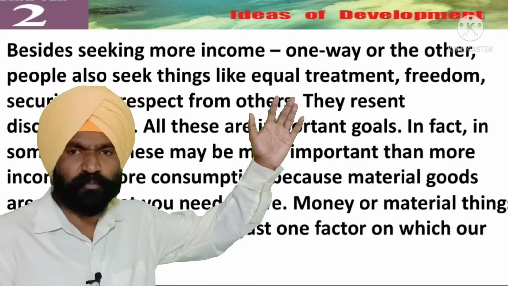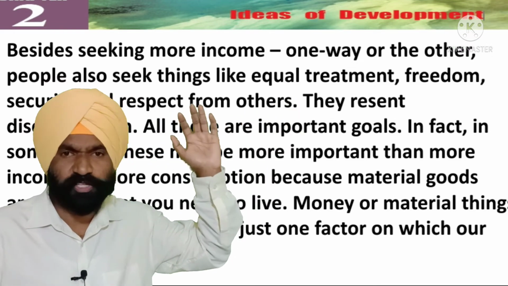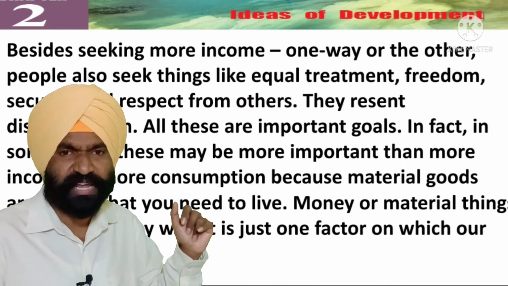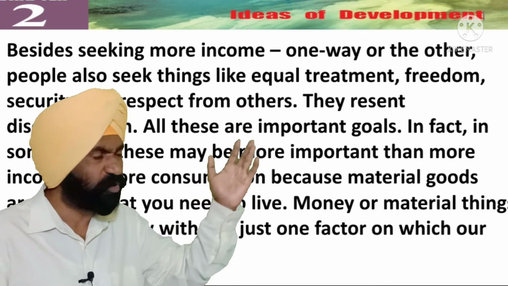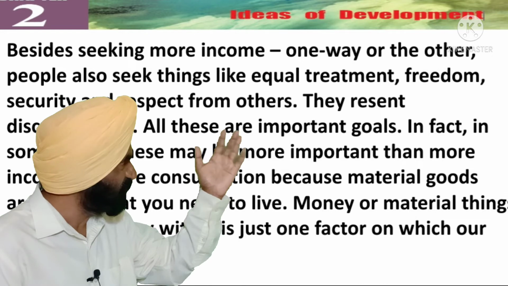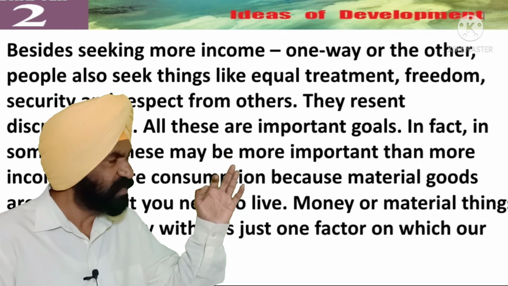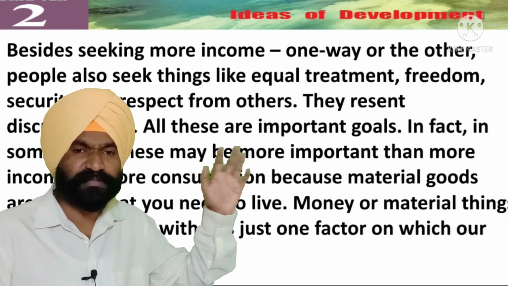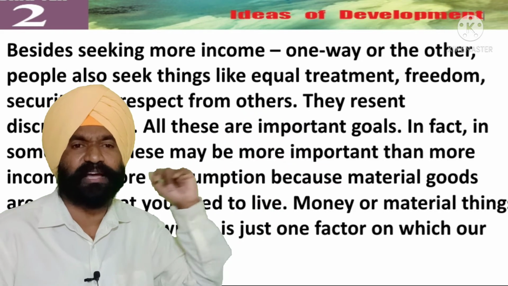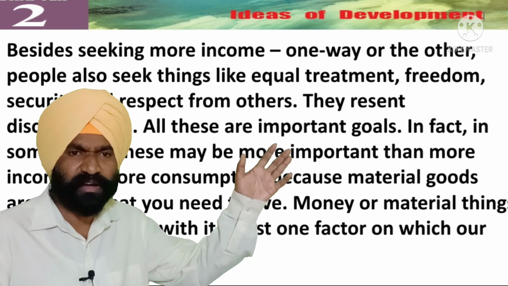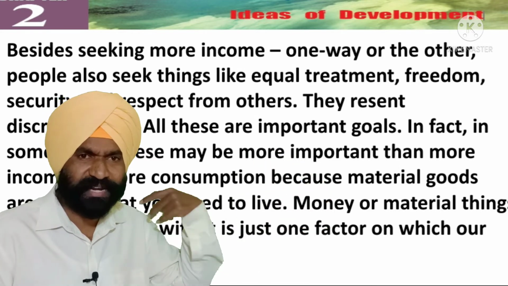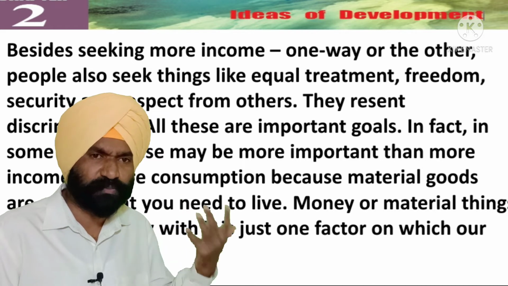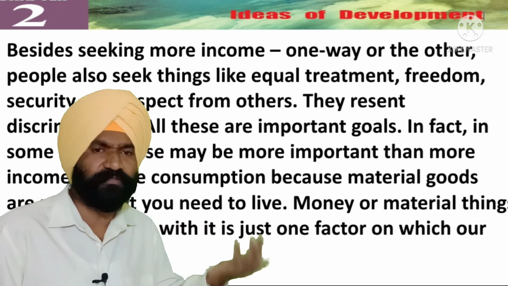Besides seeking more income, one should also concentrate on other things that people seek: freedom, security, and respect from others. All these are important goals. In fact, in some cases, these may be more important than income. We tend to desire more income, and we say more income means more facilities and more development.